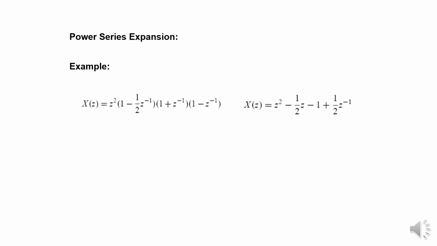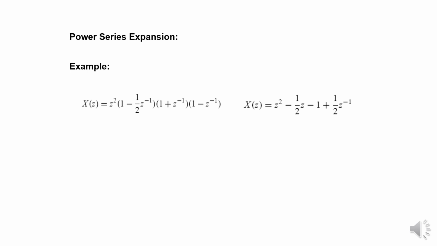Z squared minus 1 over 2 Z minus 1 plus 1 over 2 Z to the power minus 1, right? So after you got this, let's see the expanded X(z).